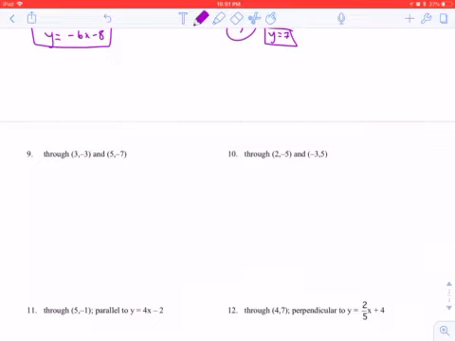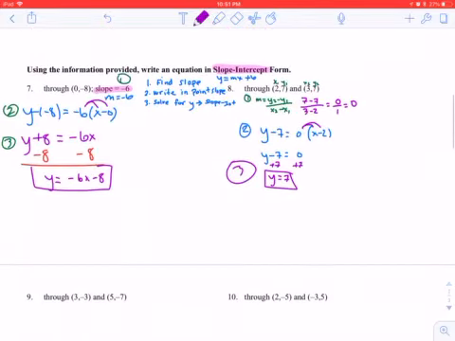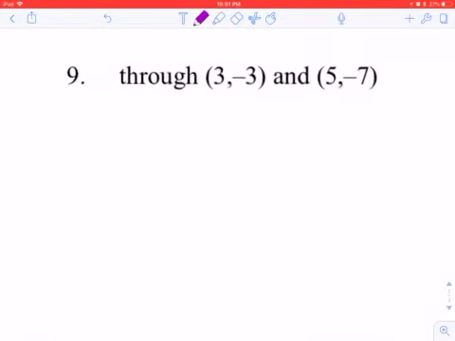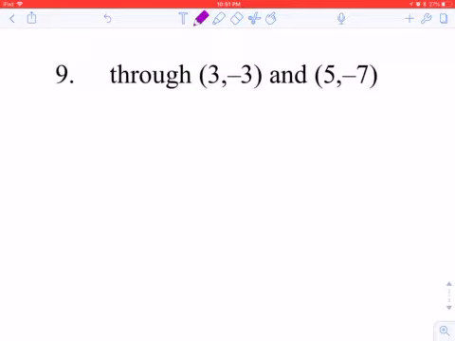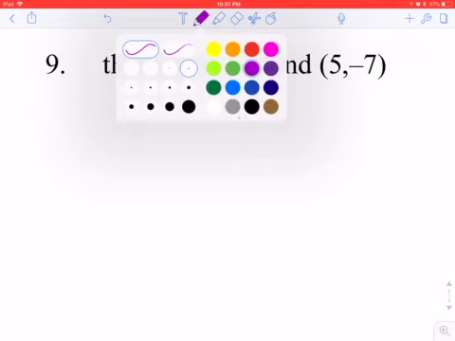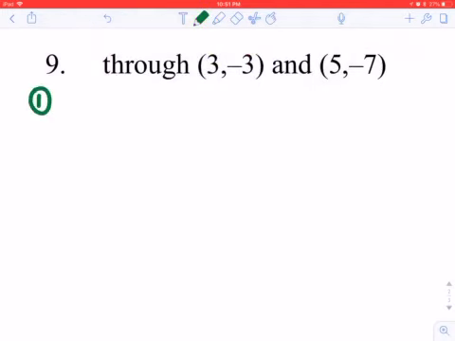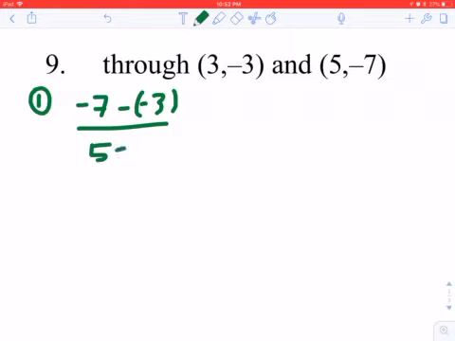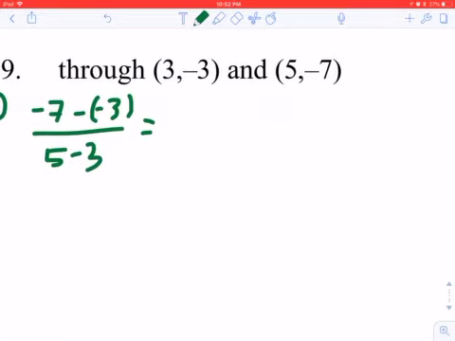Okay, number 9, 10 are exactly like number 8. So I'm going to do more without explaining as much. So first step, negative 7 minus a negative 3, over 5 minus 3. That becomes a positive because there's two negatives there.